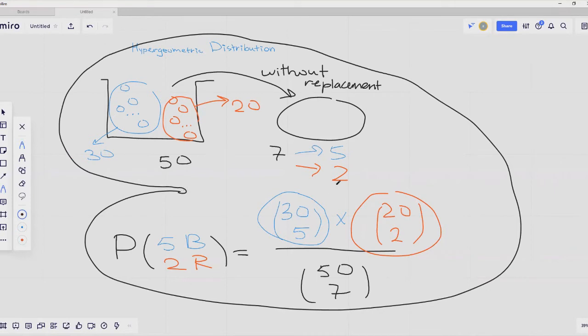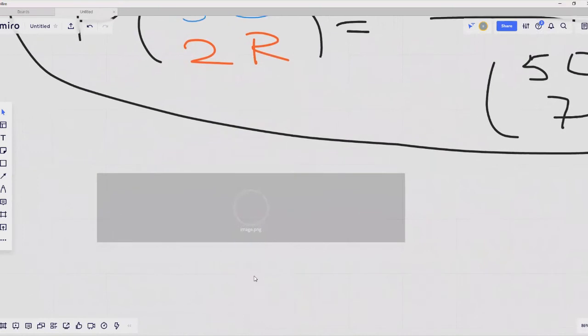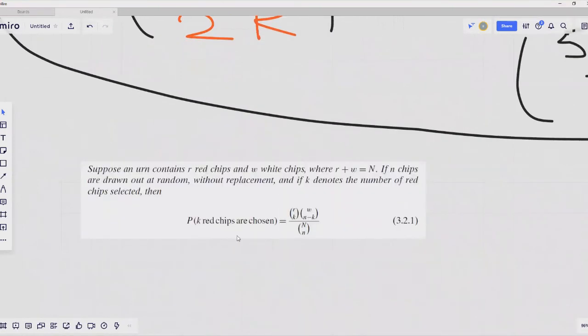Now, the scenario that we have considered here is known as hypergeometric distribution. So suppose an urn contains r red chips and w white chips, where r plus w equals big N. So big N is the total number of chips in our urn.